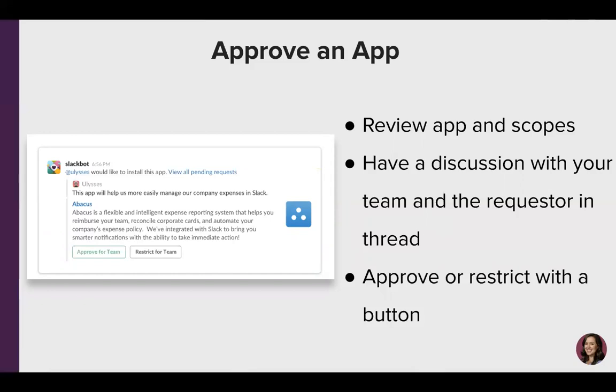So super easy. They'll just go ahead and click that Approve for Team button that you see there. Something to call out is that when you're using an app within Slack, you are agreeing to their terms of service. So this might be something worth reviewing before you make that approval. And remember, you can also pre-approve or whitelist certain apps that you know will already get the green light. So don't forget to do that so that you are avoiding bottlenecks in this process.